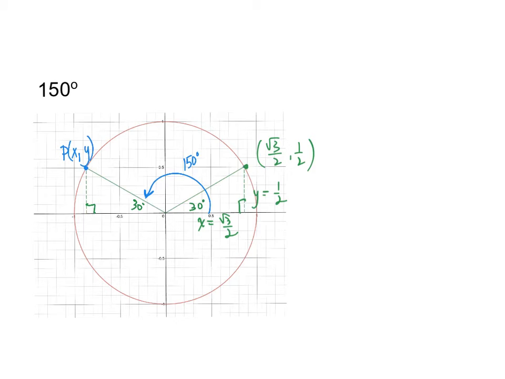Similarly, this value here, extending from here to here, because it's the same triangle only flipped over, would be root 3 over 2. However, because we're in the negative, we're going to say x equals negative root 3 over 2. The y is still above 0, so y is equal to 1/2. So this point in the second quadrant is negative root 3 over 2 and 1/2.